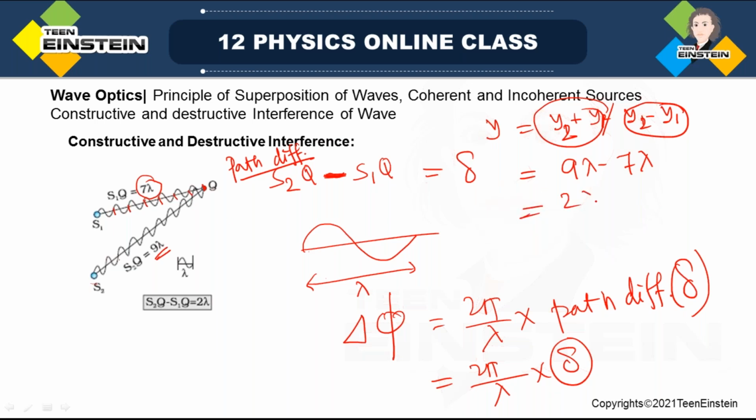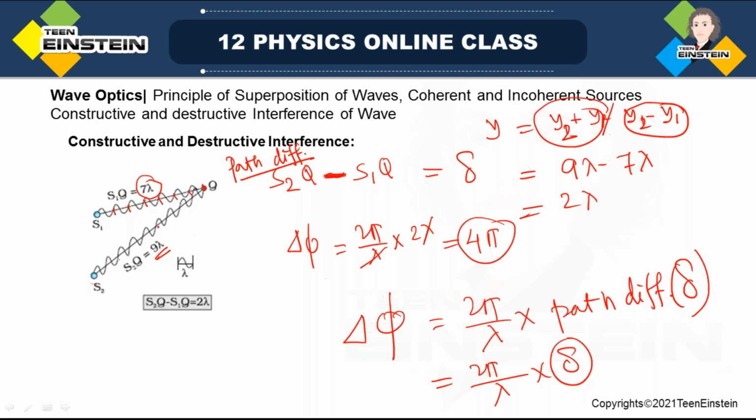So you get 2 lambda. So what is the phase difference then? Delta phi, according to this definition, is 2 pi by lambda into the path difference 2 lambda. Lambda cancels, so you get 4 pi.